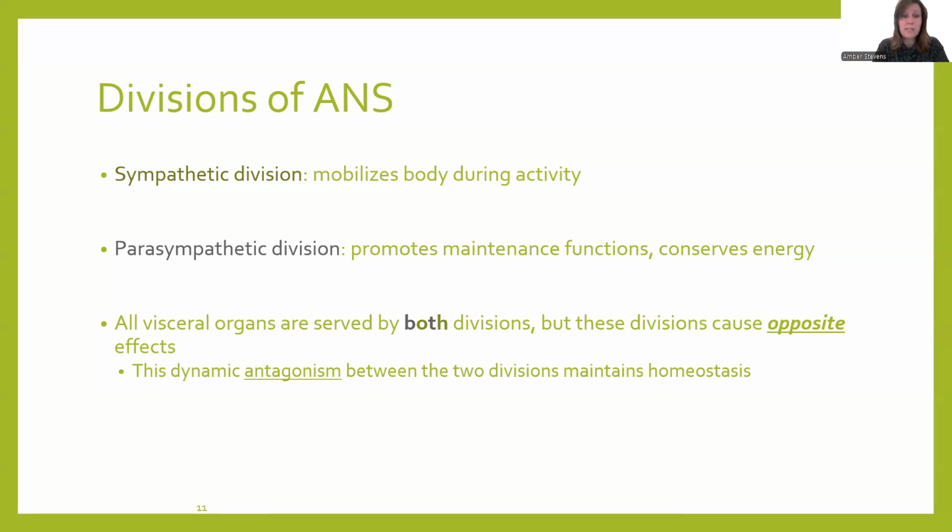All visceral organs are served by both divisions, but these divisions have opposite effects. This dynamic is called antagonism between the two divisions, and it helps maintain balance. So just think of yin and yang, right? You have to have both.